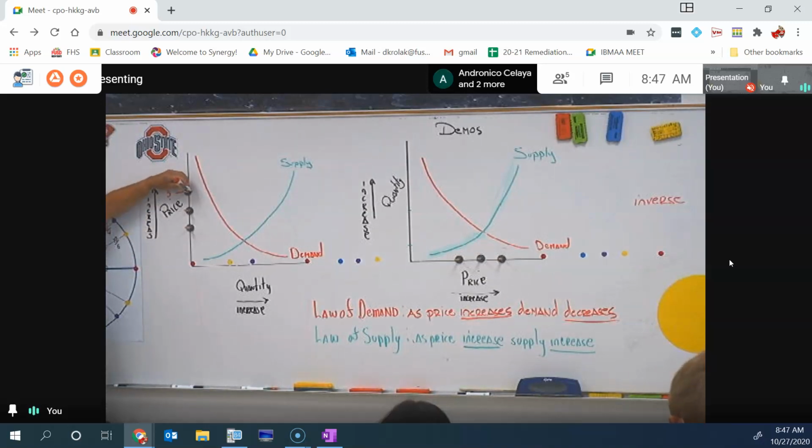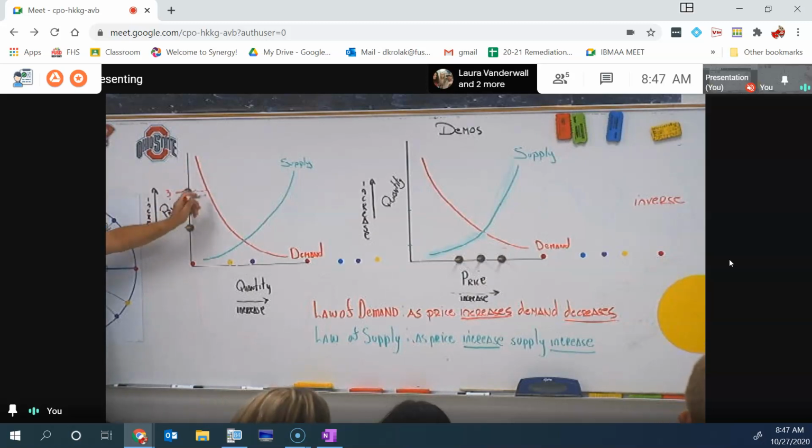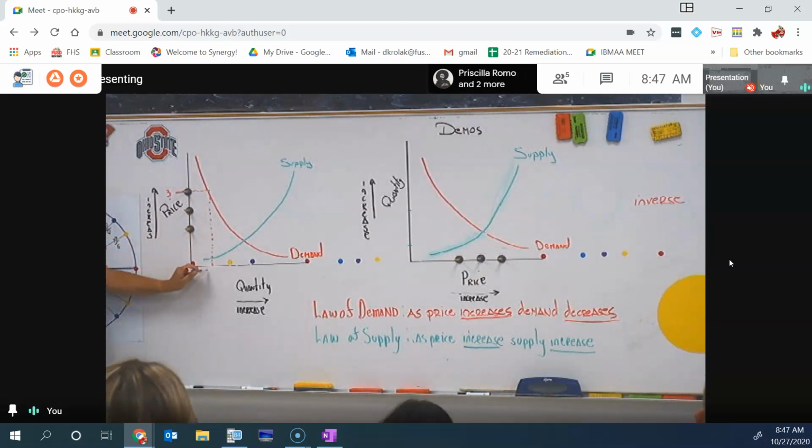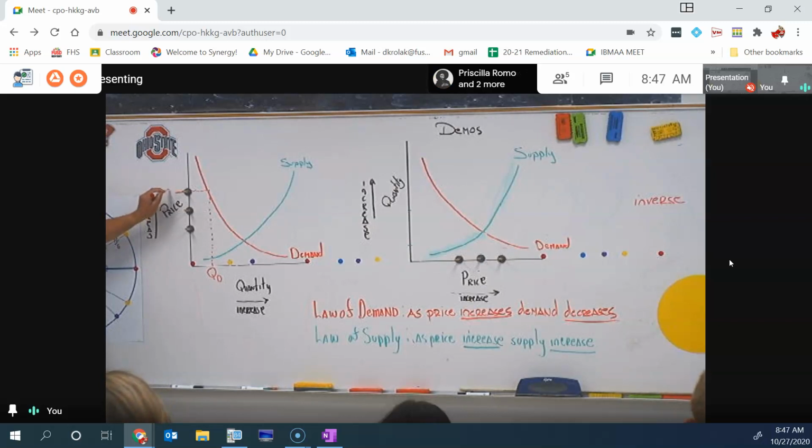Okay, if I go over to when it touches that red graph, that's the demand graph. Okay, then this would be the quantity demanded. Okay, what people are willing to spend. Let's say that was gasoline. Okay, so let's make this equal. Let's say gas went up to like $4 a gallon.